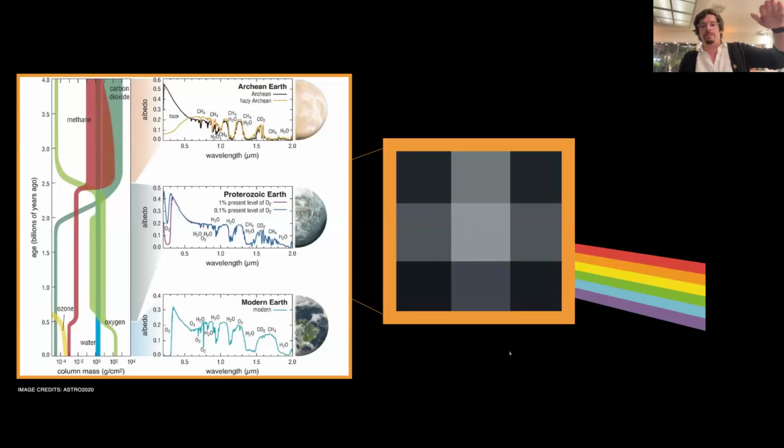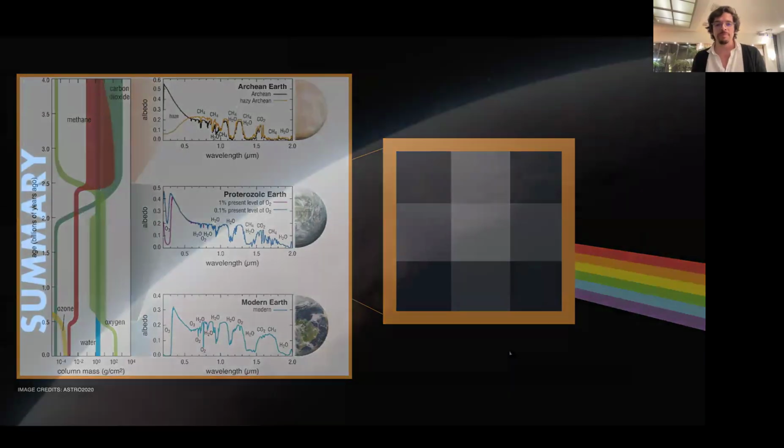In the middle, you have the Proterozoic Earth, once it evolved into some initial life, and the modern Earth spectrum at the bottom, and they all look very different. So when thinking about spectroscopy and trying to measure molecules in other worlds, you have to think as a function of time, because Earth has looked very different if you take pictures of the spectra of Earth as a function of time. And that's very likely to happen with worlds out there, and the Habitable Worlds Observatory will be able to measure that, which is a dream come true.